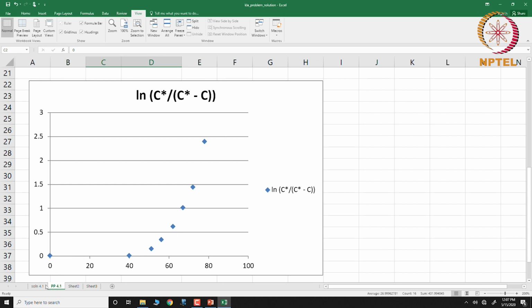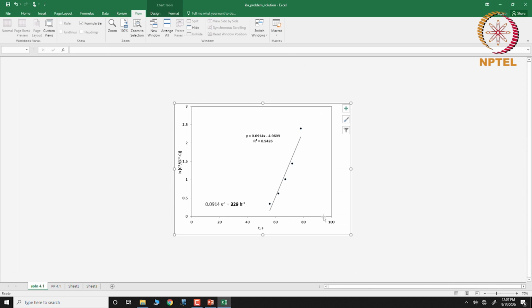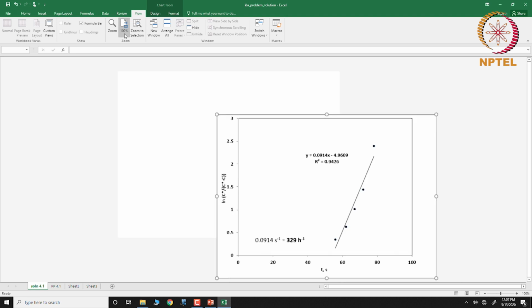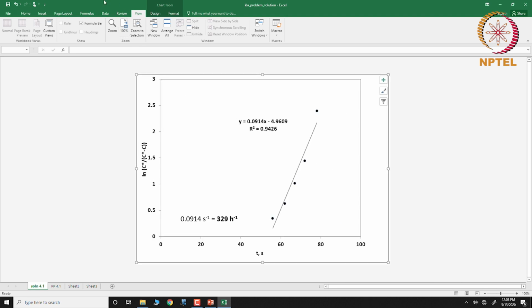And if you do that, the actual plot is something like this. Let's again zoom in. Yeah, this is what it is. You have ln of C star divided by C star minus C versus time here, right? And the plot is somewhere here. We have neglected the other points where the linear relationship is not valid.